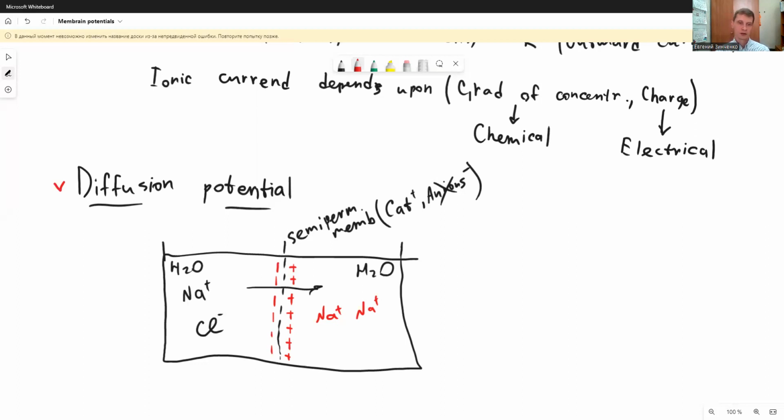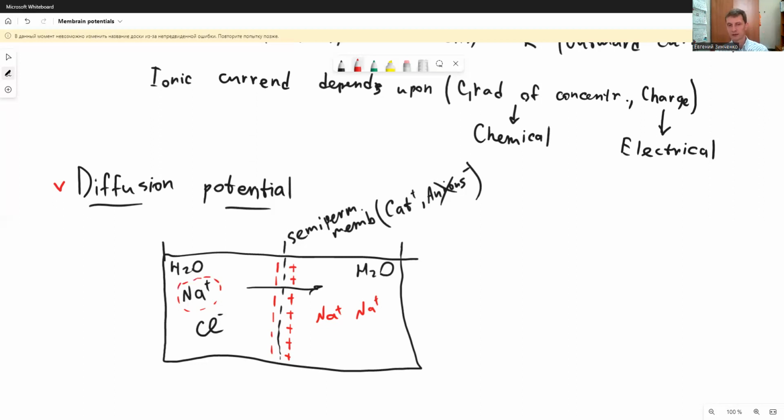Okay, so what is this influence of the charge on the sodium movement? As we can see, sodium brings what charge? Positive. When it moves through the membrane to the right side, it will make positive charge on the right solution. We can see interaction between charges: the positive charge of sodium and the positive charge of the solution. These charges have the same sign and will repel.